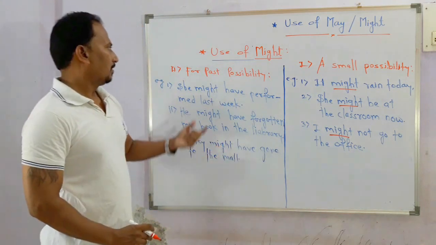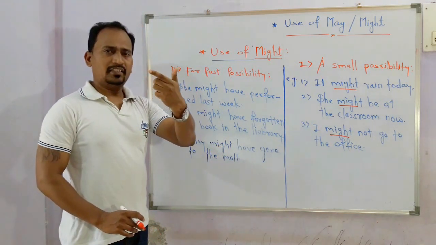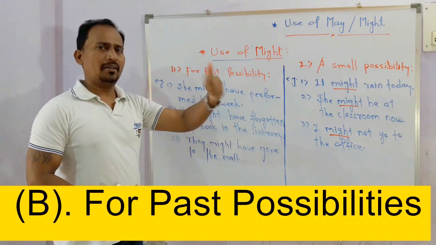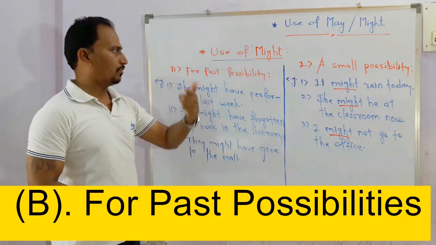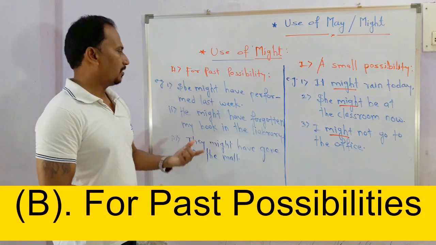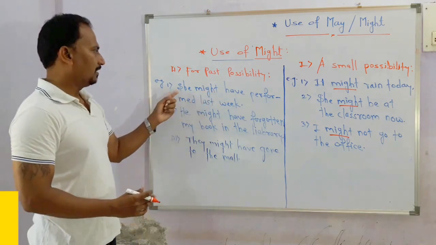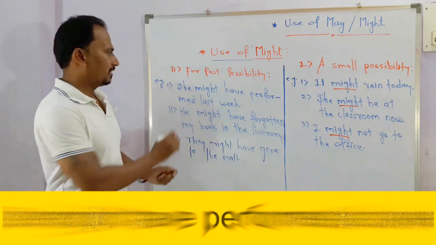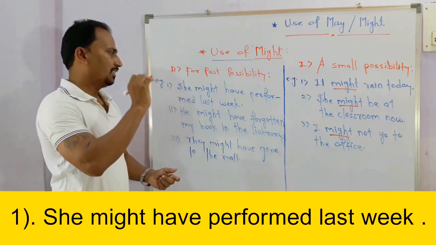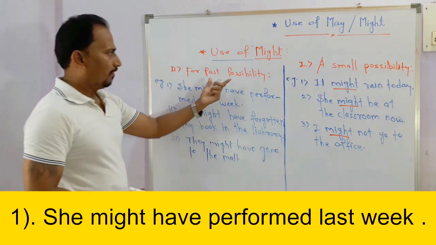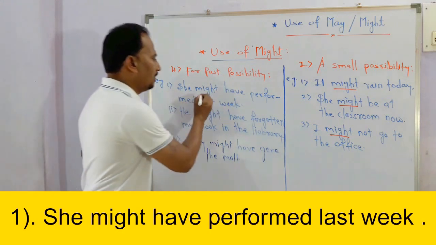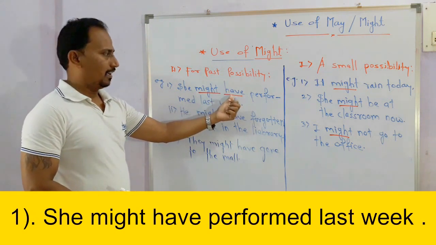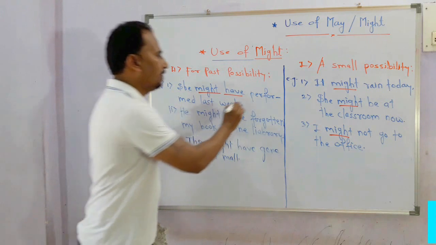Now if you want to indicate or express past possibility, whatever happened in the past, and if you want to show that past possibility, at that time also we can use might. For example, she might have performed last week. Now see the sentence. She might have performed last week. Here, for showing past possibility, might and have are used, followed by performed.